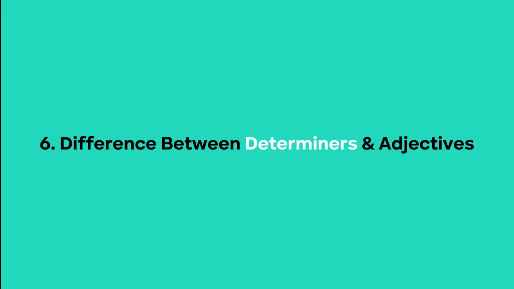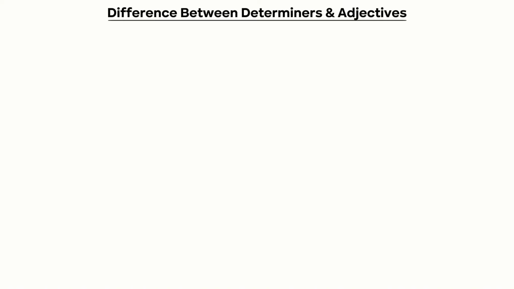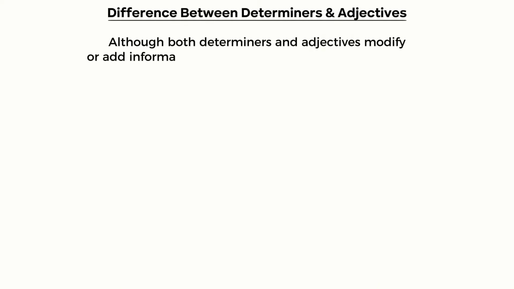Difference between determiners and adjectives. Sometimes it is difficult to distinguish between the determiner and the adjective. Although both determiners and adjectives modify or add information to nouns, they do so in different ways.